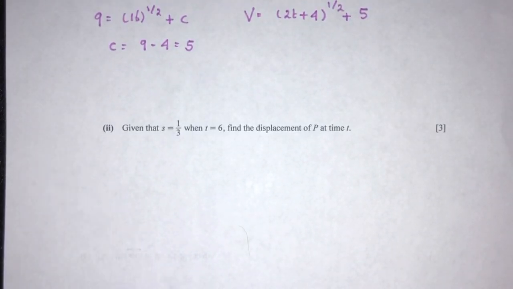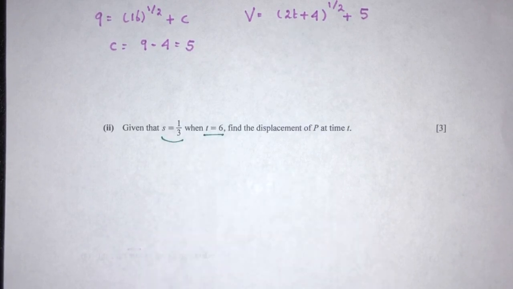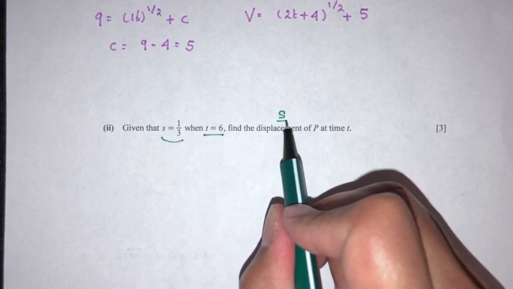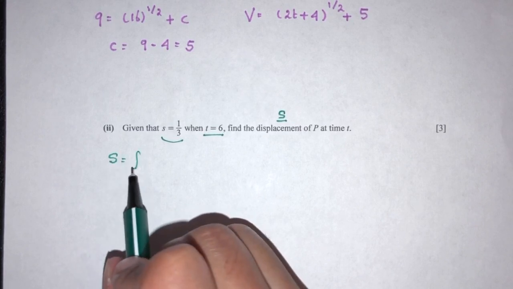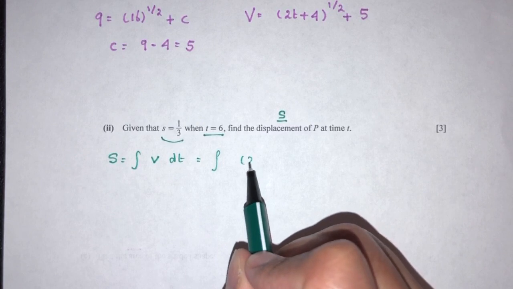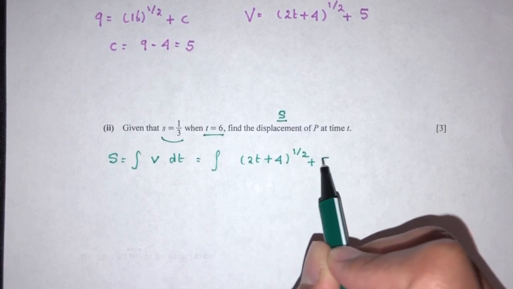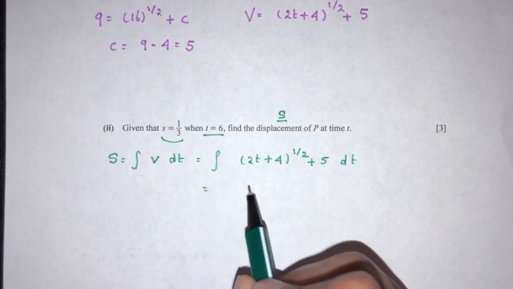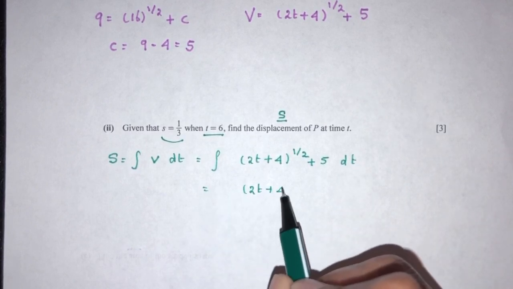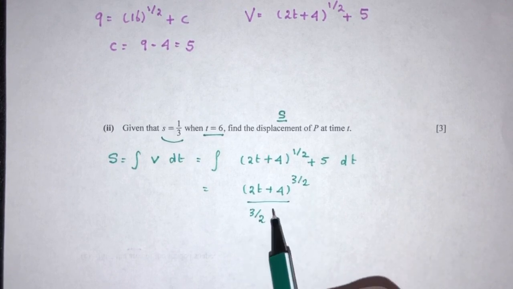Now let's move on to part 2 of your question. Given that s is equal to 1/3 when t is this value, find the value of s. So s is equal to the integration of v with respect to dt. Replace, that will be the integral of (2t plus 4) to the power half plus 5 dt. First increase the power by 1, that will become 3/2, divide by the new power, and divide by the derivative of the inside, that will be 2.